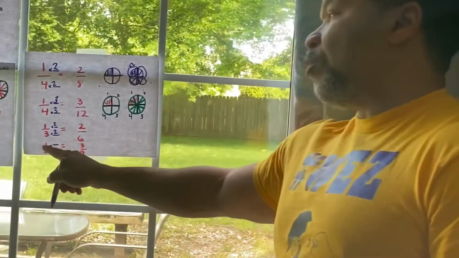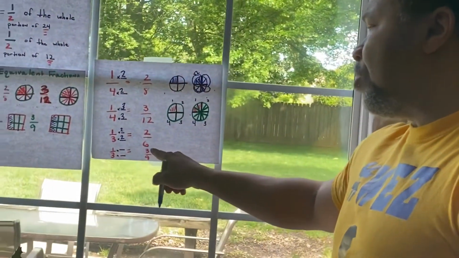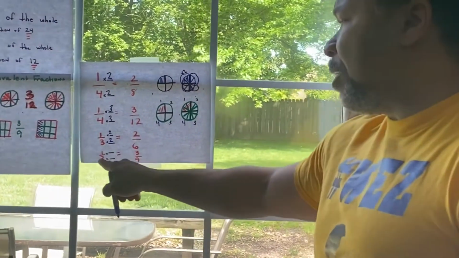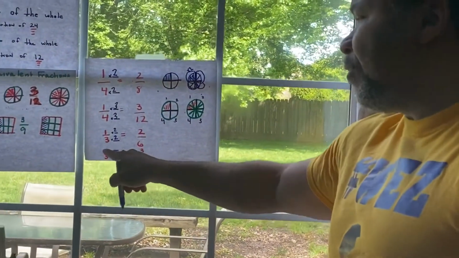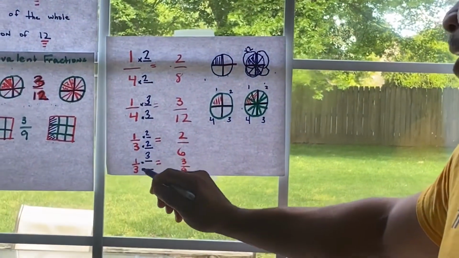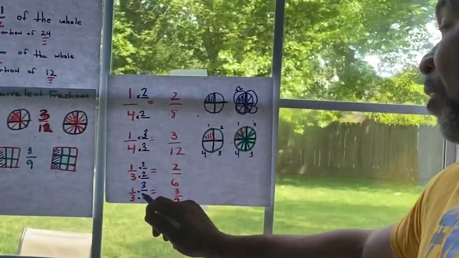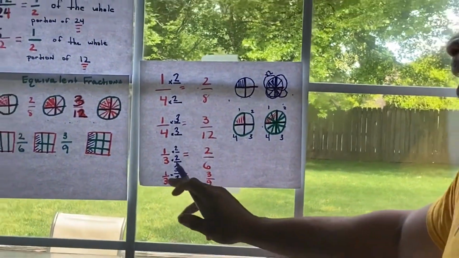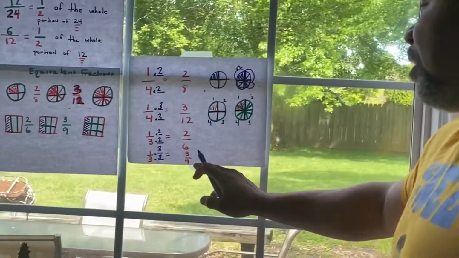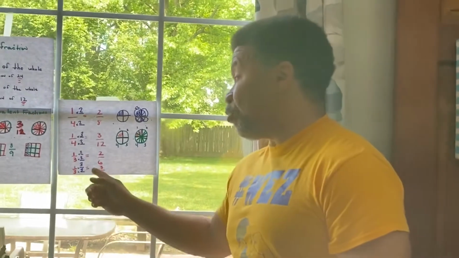Let's try this next one. So this is 1, and this is 3. This is 3, and this is 9. To get from 1 to 3, I would have to triple this, or times it by 3. And whatever you do for the numerator, you must do for the denominator. So I would have to multiply this by 3 in order to get 3/9. Equivalent in value.